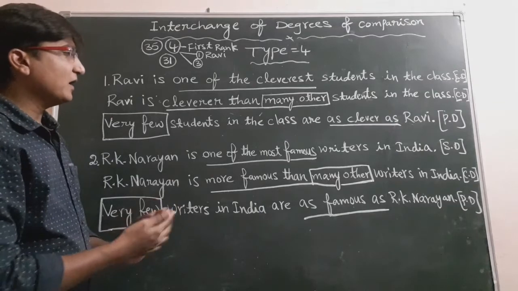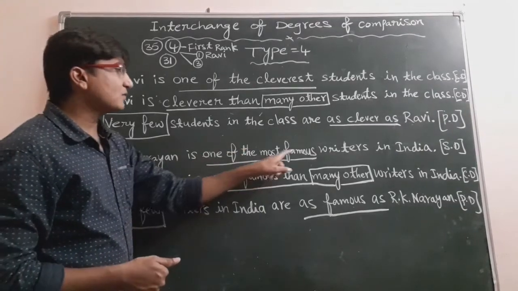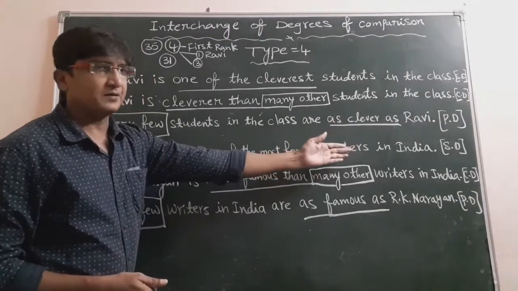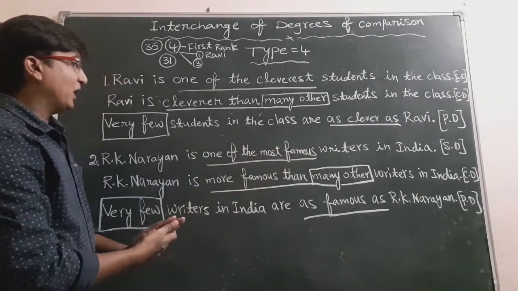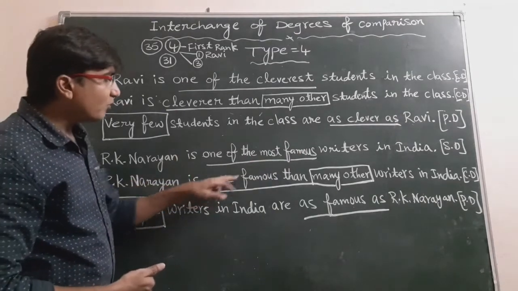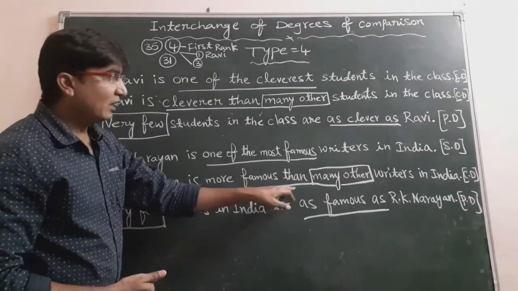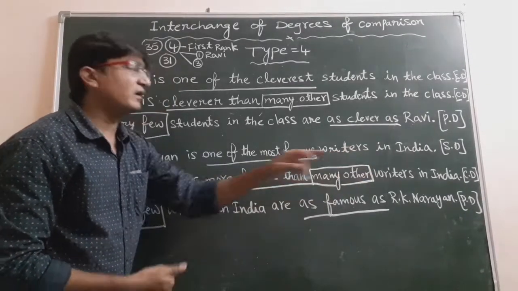Then let's see second example here. R.K. Narayan is one of the most famous writers in India. Again it is in superlative degree, most famous. And then its comparative degree is R.K. Narayan is more famous than many other writers in India. Many other writers.